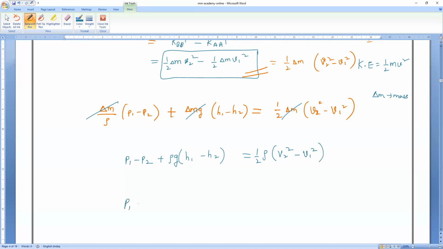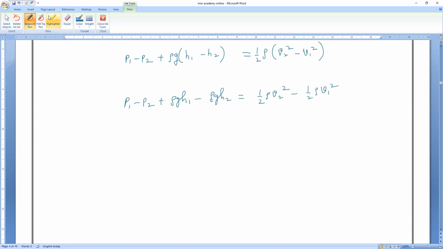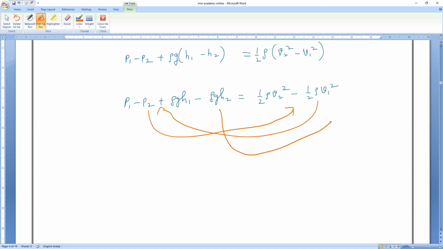That's all. Now, P1 minus P2 plus rho G H1 minus rho G H2 is equal to half into rho into V2 square, velocity, minus half into rho into V1 square. Now arrange all the terms, everybody. Bring all the terms this side, and P2 will go this side. Rho GH also will come this side.